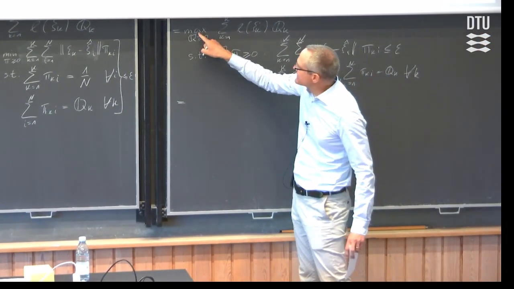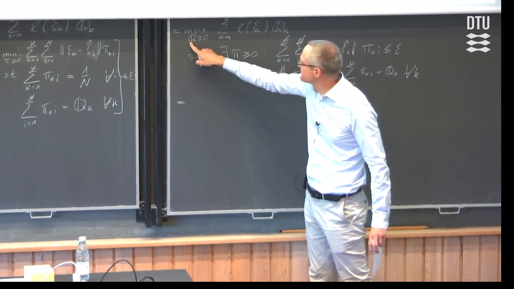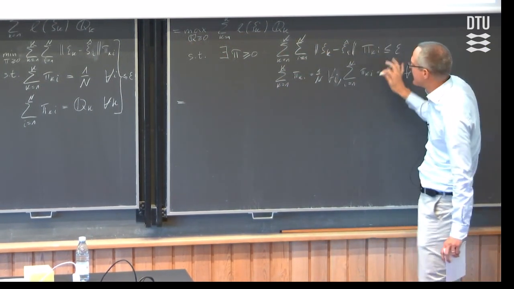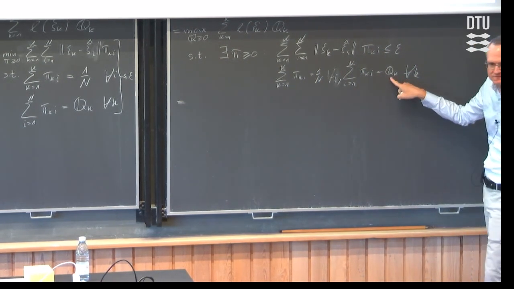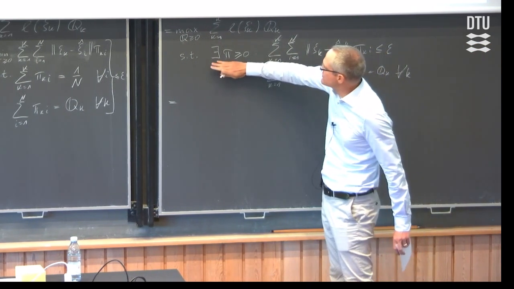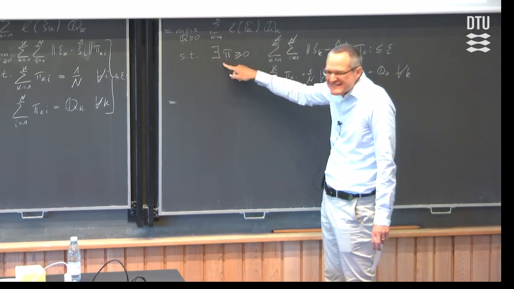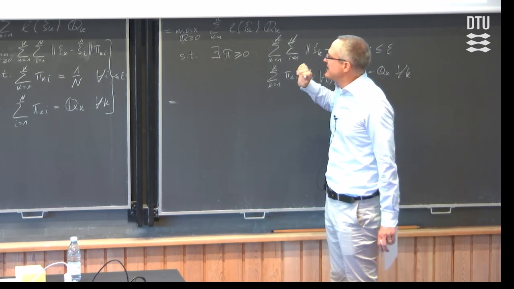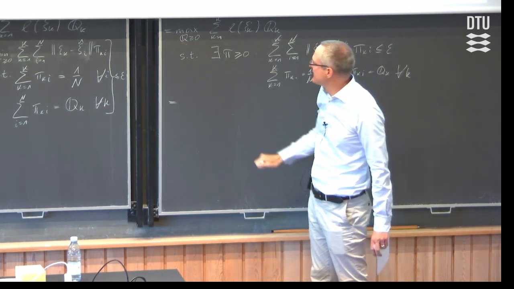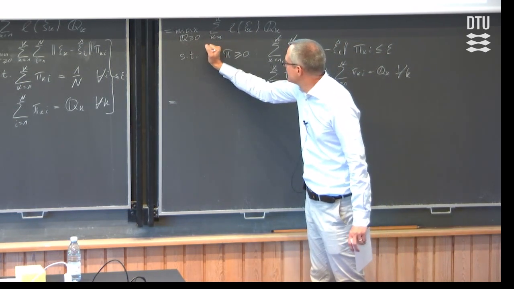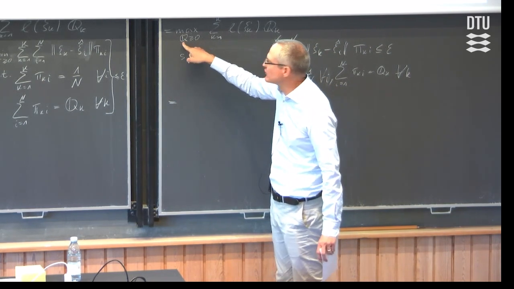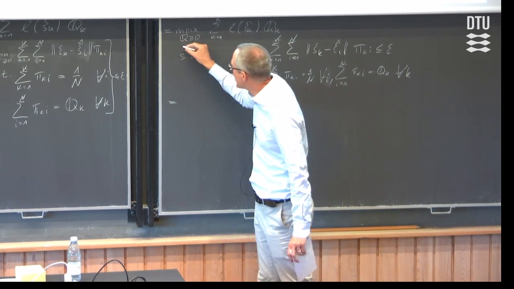So, in this maximization problem, we optimize over Q, and we say there exists a pi that satisfies some constraints that depend on the Q. Actually, I can remove this constraint that says there exists a pi if I just include pi to the decision variables of the problem. So I can remove this thing, and instead of maximizing only over Q, I can maximize over Q and pi.